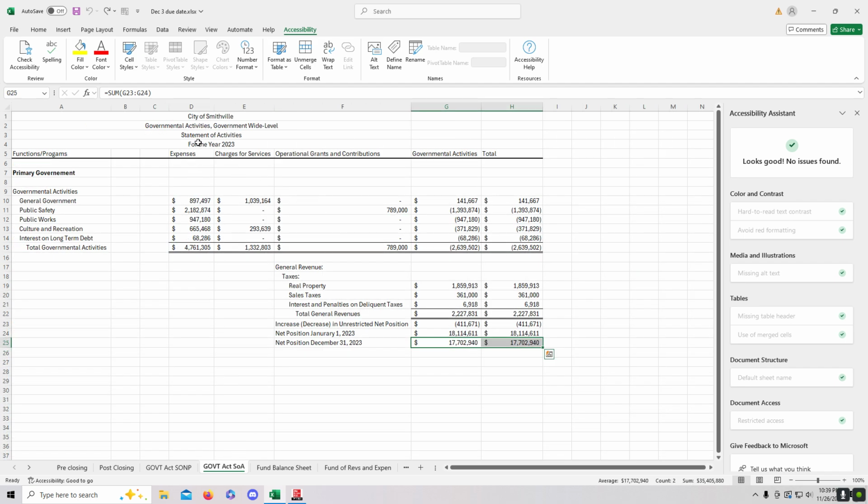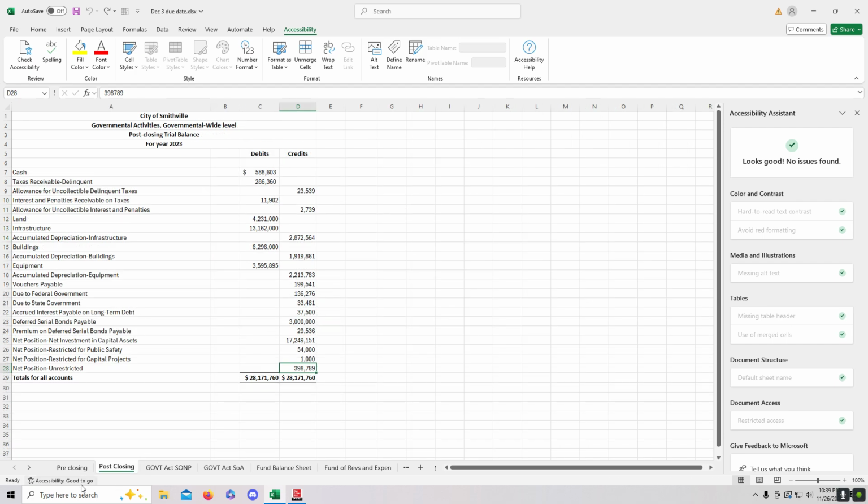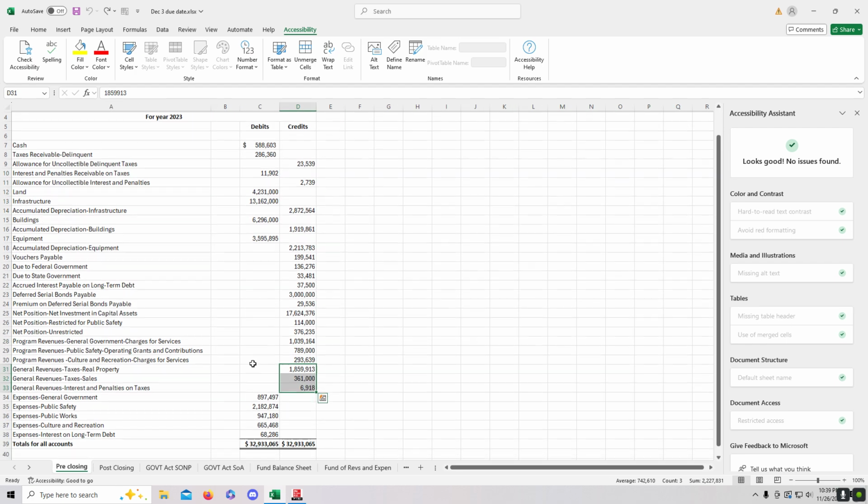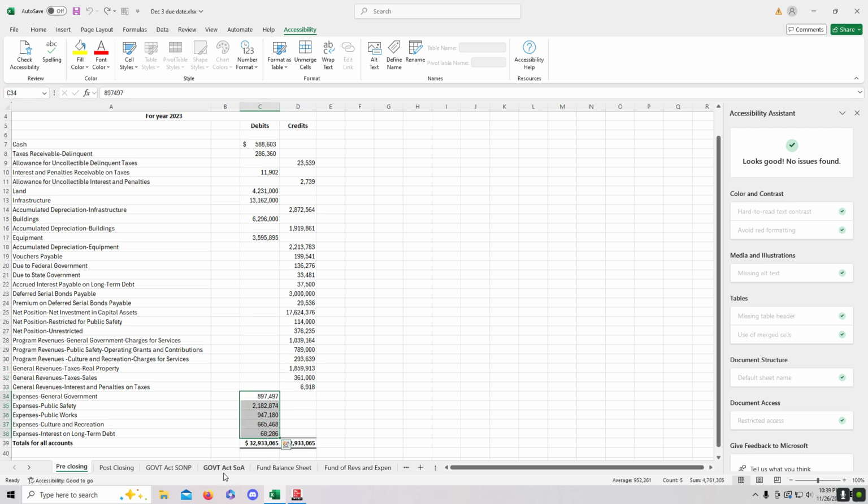The next sheet, which is a statement of activities for governmental activities, these numbers I got from the pre-closing trial balance as these same expenses.